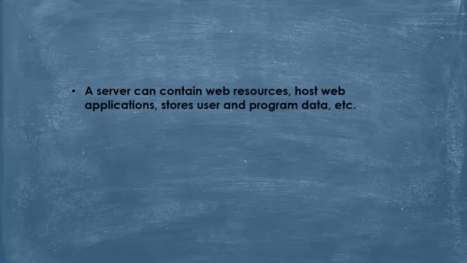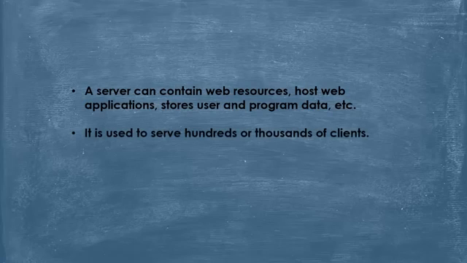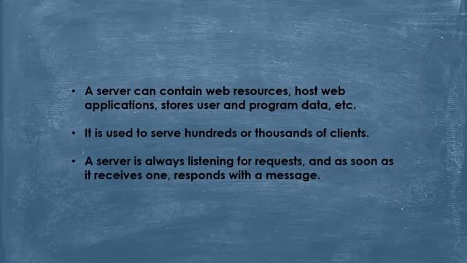Now, we can stay here all day talking about servers and their types and how they work, but here's what you need to know. A server can contain web resources, host web applications, store user and program data, and do a lot of things. And it is used to serve hundreds or thousands of clients. Also, a server is always listening for requests, and as soon as it receives one, it responds with a message.